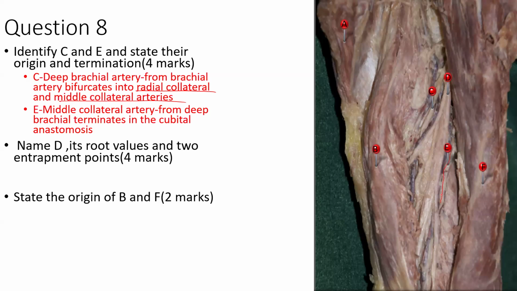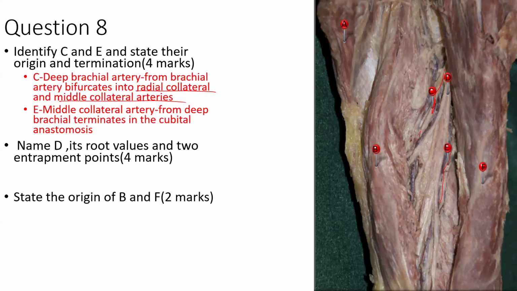Please guys, go read the arteries which participate in the formation of the cubital anastomosis. So I can see people saying if E is middle, C should be radial. No. This is still brachial, but from this brachial you'll get a radial.